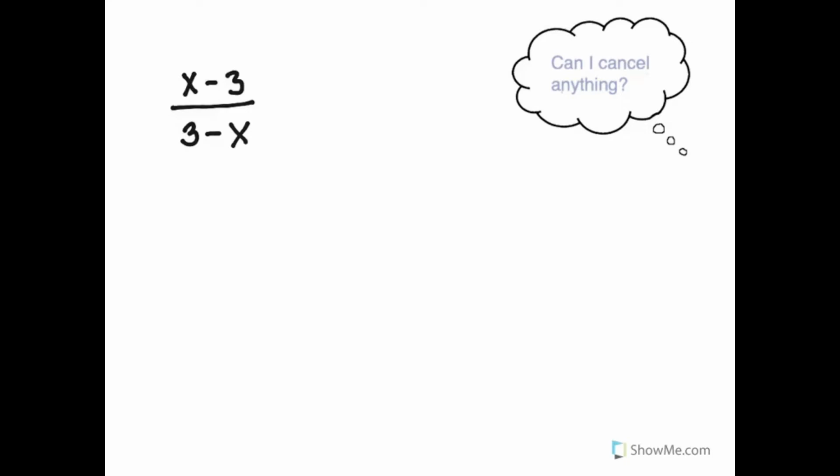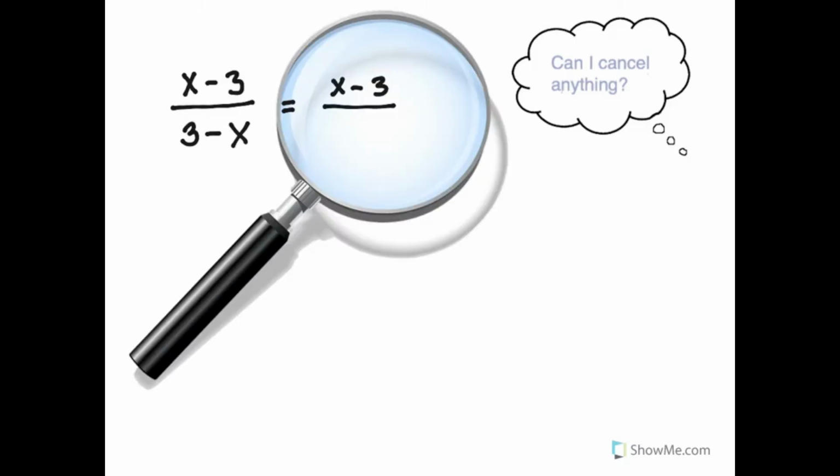X minus 3 over 3 minus x. Can I cancel anything? Well, it sure doesn't look like they match exactly, but let's try writing them in the same order. It's nice to have the variable first. When you're rewriting them, be really careful with signs. The x is negative and the 3 is positive.